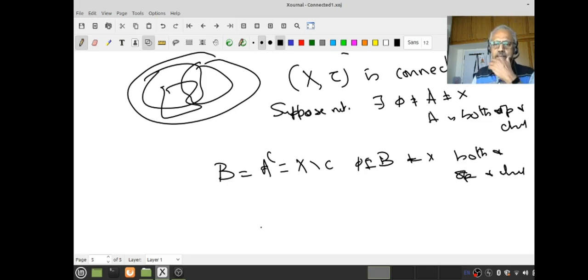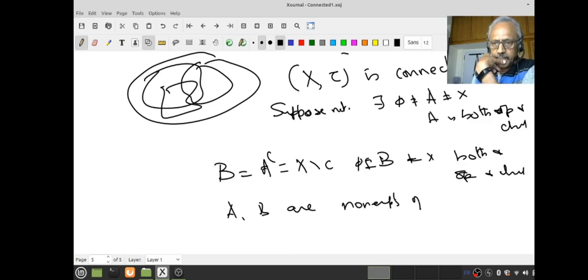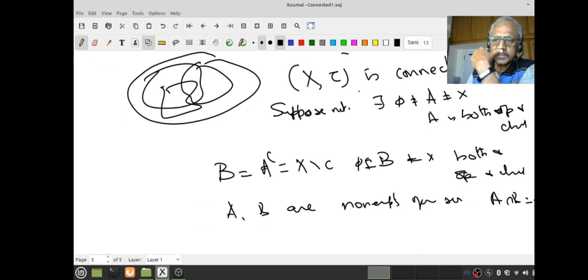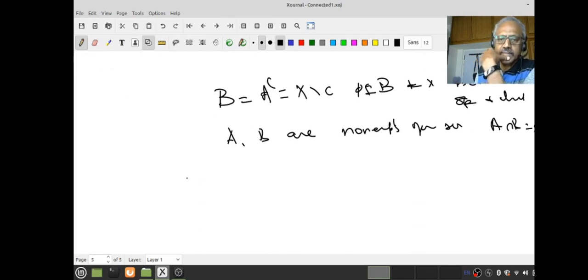Therefore A and B are non-empty open sets, and A intersection B is empty. But that's a contradiction, because what is our assumption? Any two non-empty open sets intersect. Therefore we conclude (X, tau) is connected.